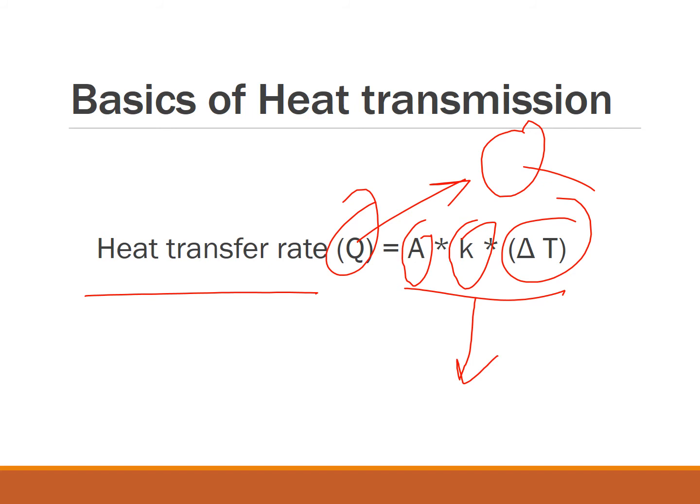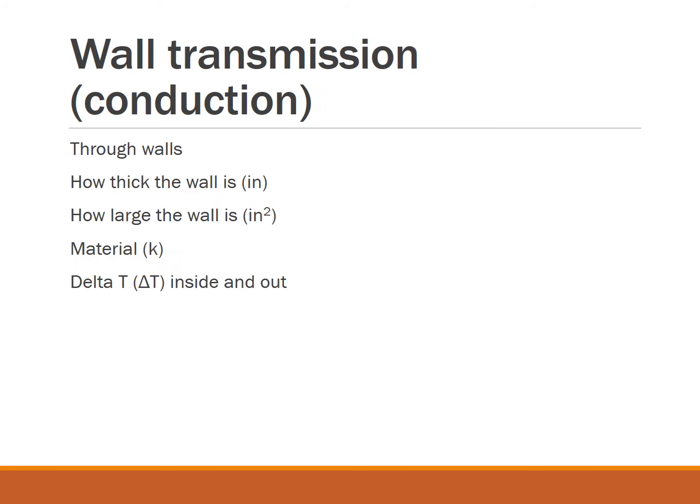I will repeat that a lot, but this is the basis for heat transmission. Heat goes through walls. It depends on the thickness of the wall, the area of the wall, the material, and delta T. So delta T in this example is the difference of temperature between inside and outside.